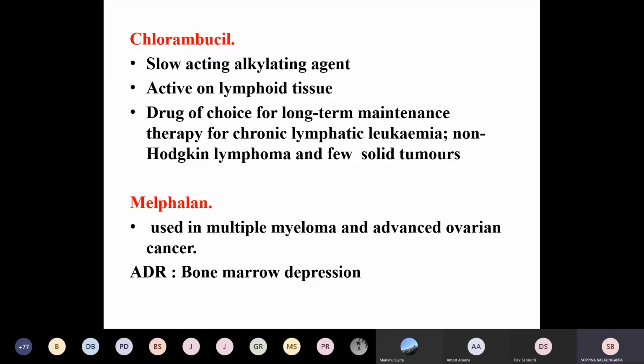Chlorambucil is a slow acting alkylating agent. It is active on lymphoid tissue. It is the drug of choice for long-term maintenance therapy of chronic lymphatic leukemia, non-Hodgkin's lymphomas and a few other solid tumors. The other drug, melphalan, is used in multiple myeloma and advanced ovarian cancer. Adverse drug reaction: bone marrow depression.